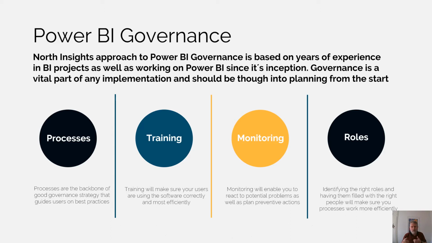But it will also help those who have the role in justifying the time they use on delivering, because they are going to be doing things in Power BI, and most often it's undocumented roles that people are doing, but having the role in hand will help them justify the time they spend on it. So these are the 4 pillars I considered for a Power BI governance strategy. Now let's go on and take a look at each one of them individually and see what components each one of them has.